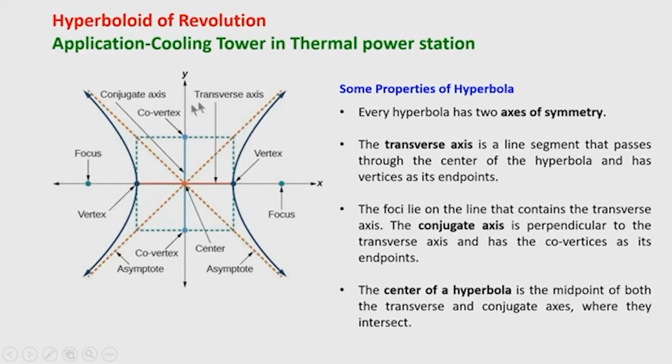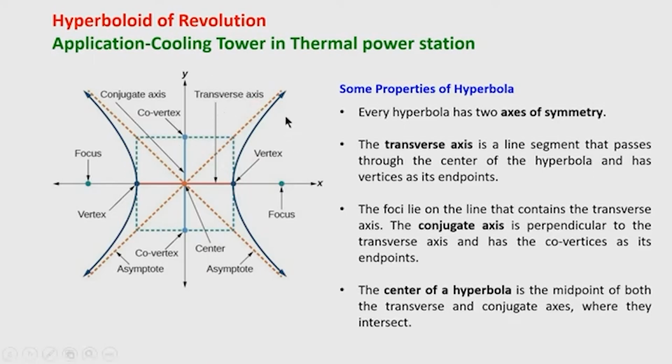Now, we have to know the properties of the hyperbola, which is the meridional curve in this case, and it is rotated around the vertical axis of rotation. So, let us see what the properties of the hyperbola are that will be essential for the analysis of the stresses in the hyperboloid of revolution.